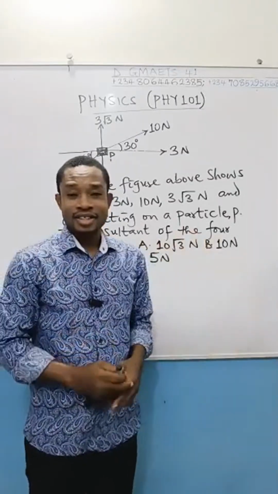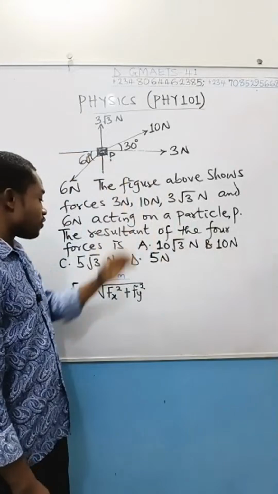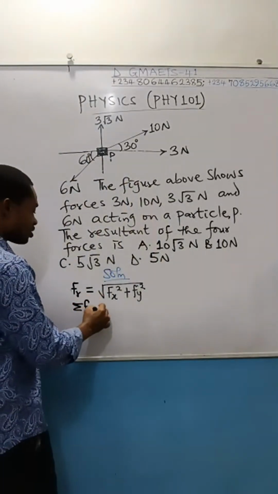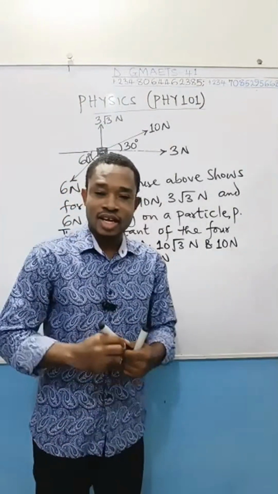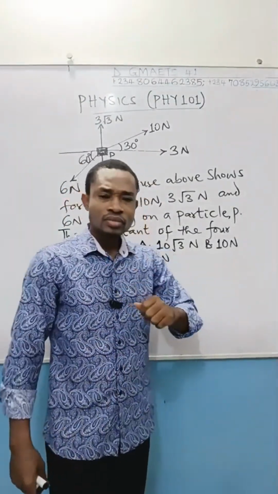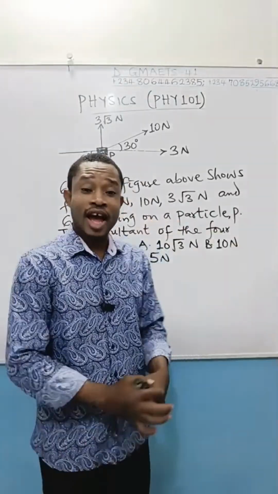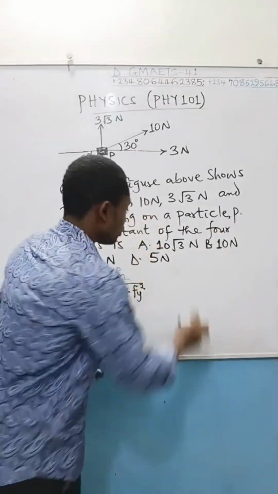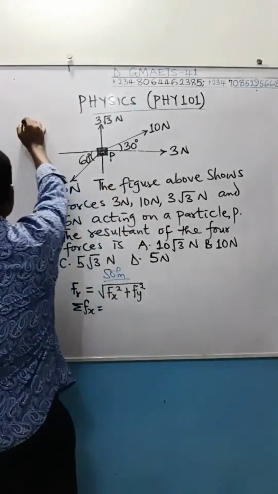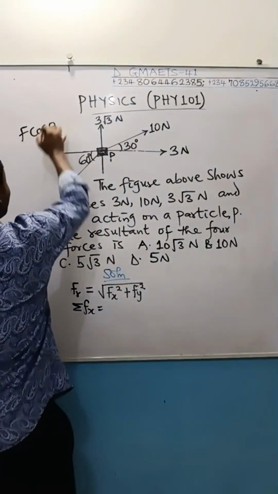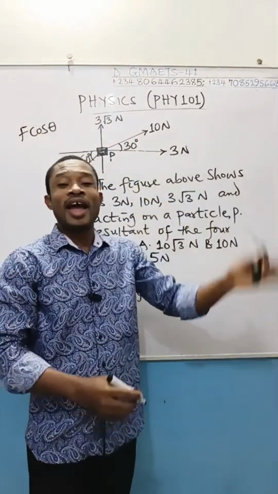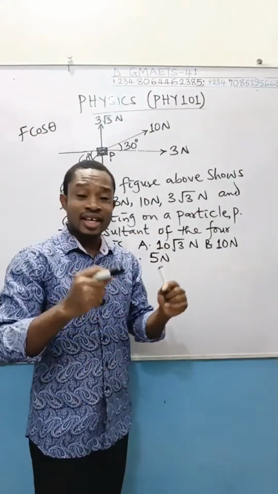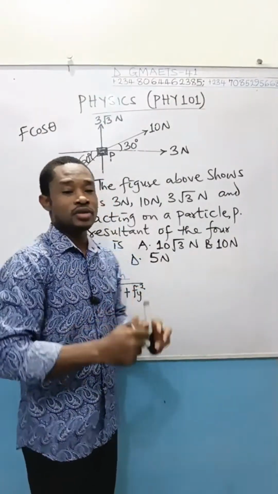By standard, for problems like this, if you are resolving horizontally to get your Fx, that is the addition of all the forces acting along the horizontal, you are going to make use of the formula F cos theta. That is each of the forces multiplied by the cosine of the angle that the force makes with the x-axis, the horizontal axis.